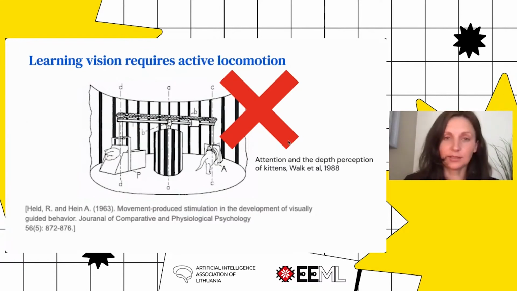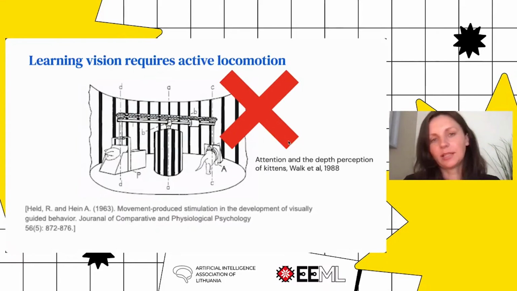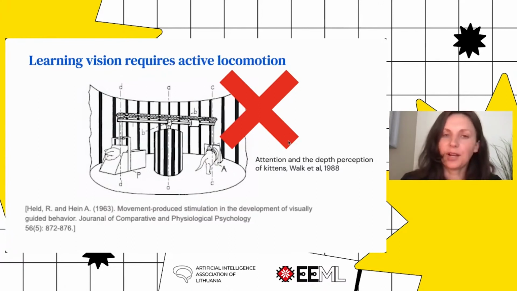It's been cited a lot, and it's used even today in many presentations. But 10 or 15 years later, it was debunked by other researchers who showed that the environment was very boring for the kittens who couldn't move themselves. Because the environment was boring, they were not attracted to it.